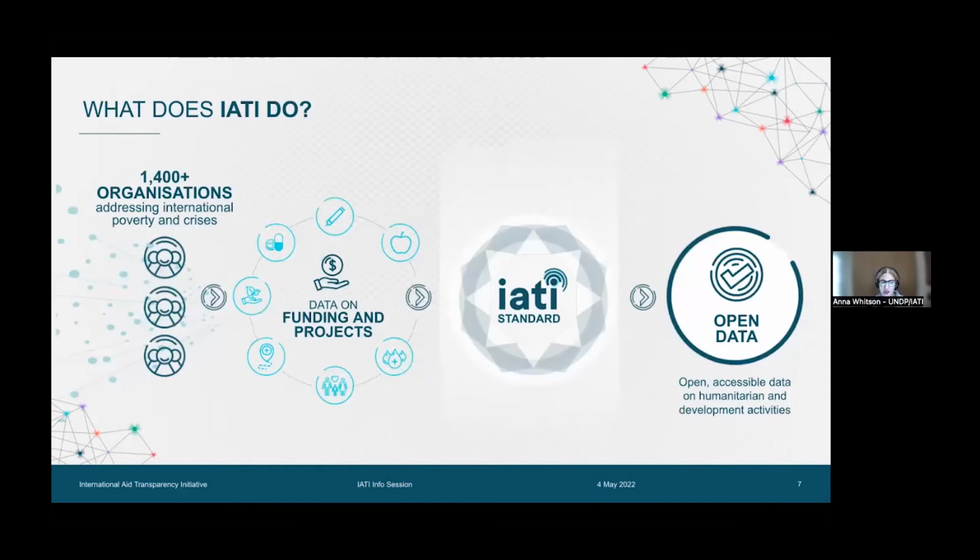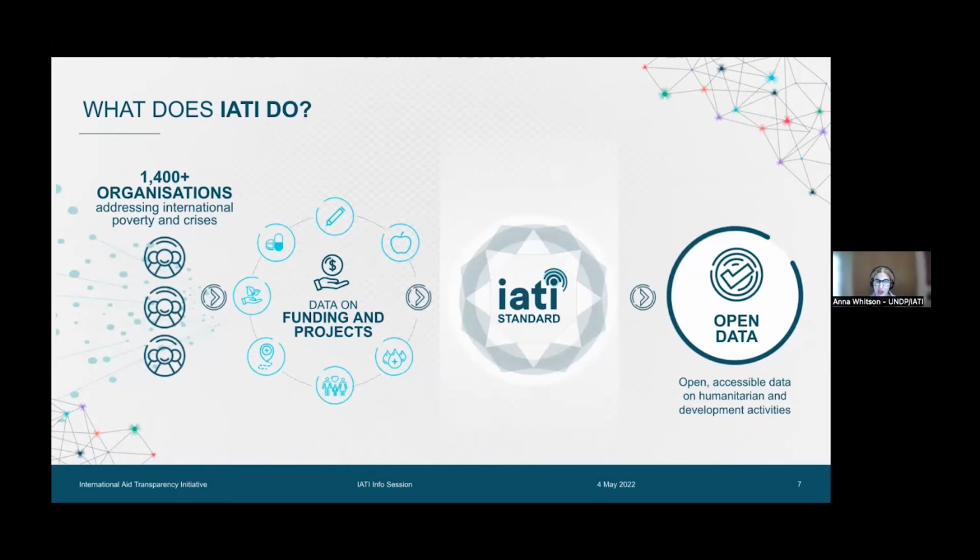That was the nitty gritty. But what does IATI do? What is really the point of IATI? Why are we all here today? So as I said, really we are a data standard. We're working to get all organizations that conduct development or humanitarian activities to publish open data about their spending and projects. So again, we have more than 1,400 publishers.